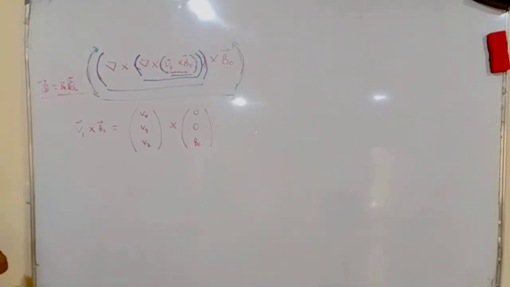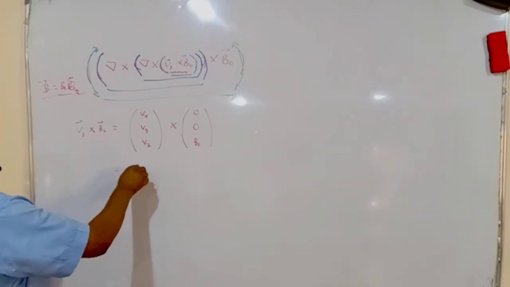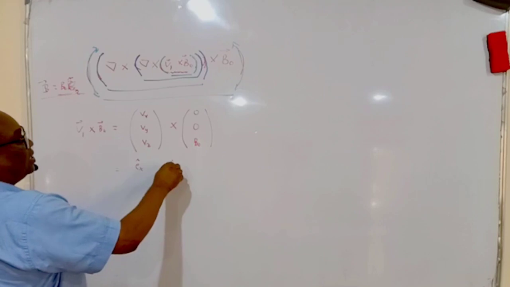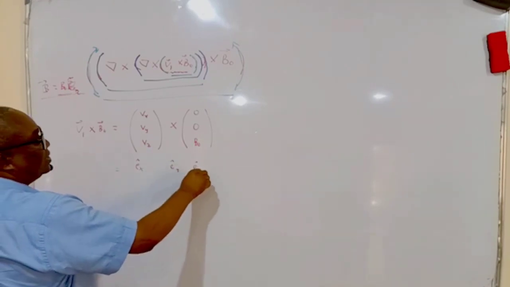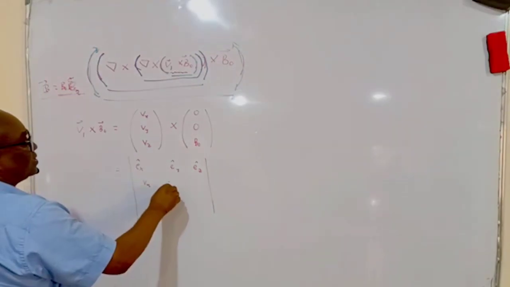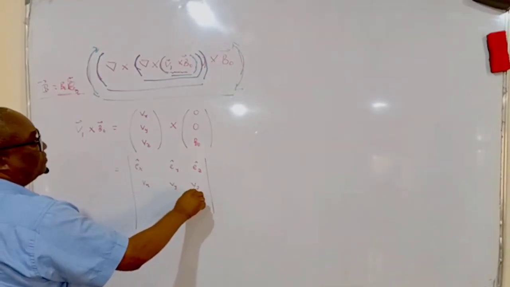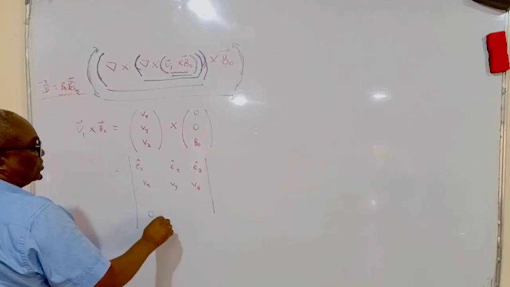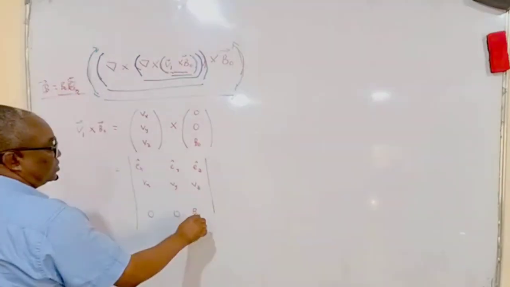Now you will see that this is actually Z. So that is exactly equal to the determinant of EX, EY, EZ, Vx, Vy, Vz, 0, 0, B0.